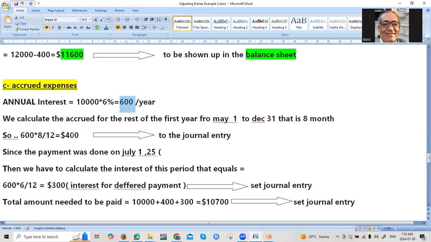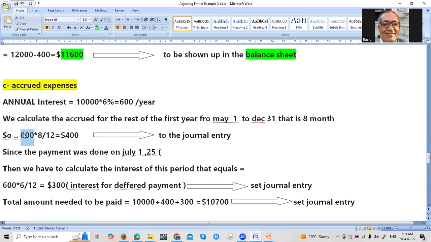But I will not pay for the whole first year, simply because I will pay for only 8 months. Why? Because I did the transaction on May 1, and I'm calculating from May 1 into December 31.